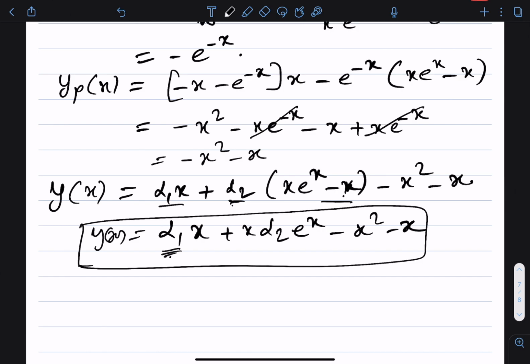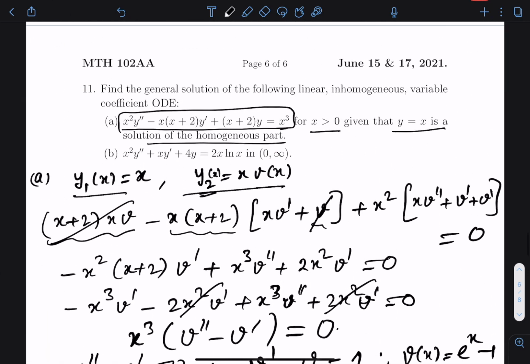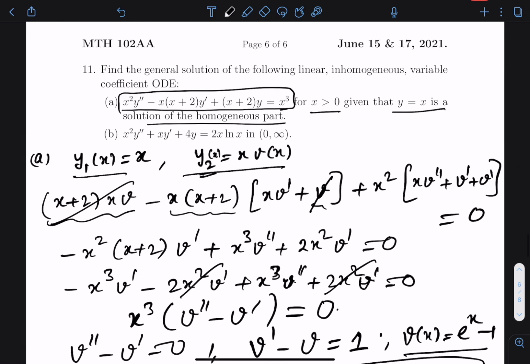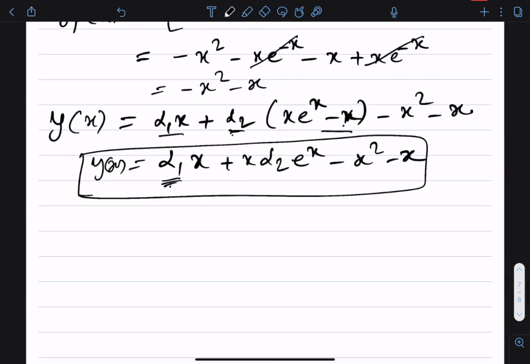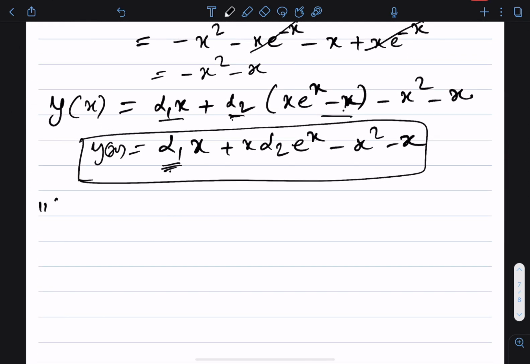Now let's do 11b. This problem is on the real line. 10, sorry, not 10b, 11b. 11a we did. Now let's do 11b.